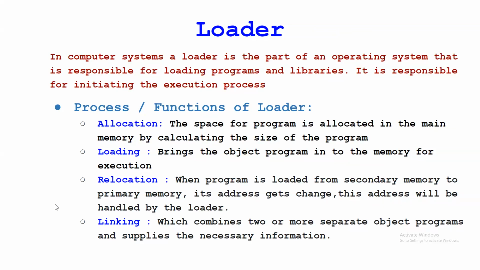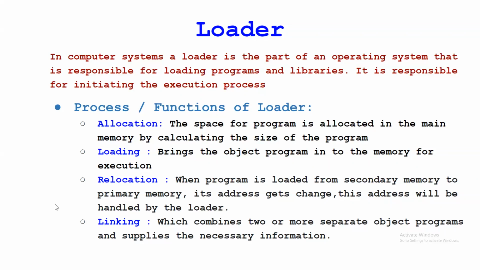So the loader's aim is to load both the program as well as libraries into the main memory. So it is responsible for initiating the execution process, because when this loader brings this executable file to the main memory, that execution gets initiated. You understood this? So this is a loader.